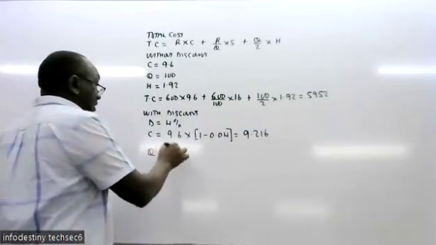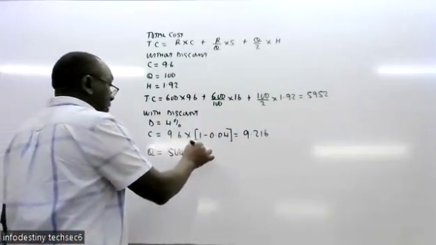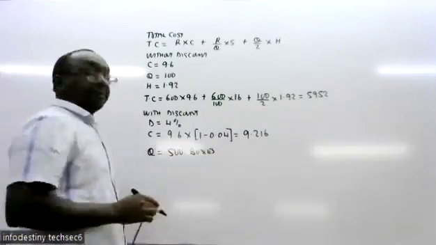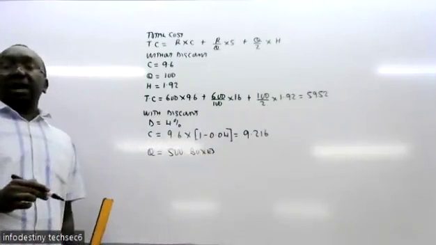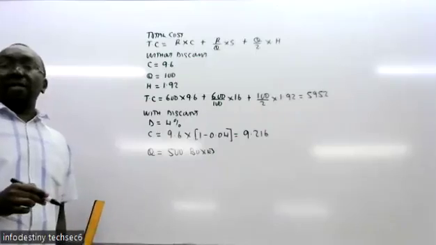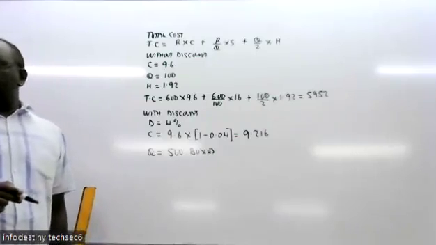The policy says you just buy what? 500 boxes. Buy 500 boxes so that you qualify.